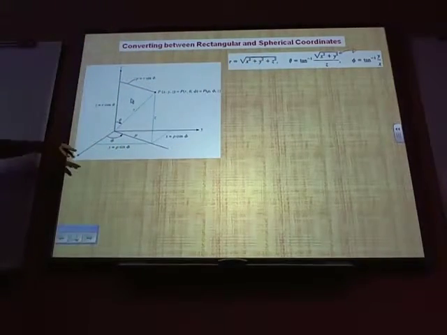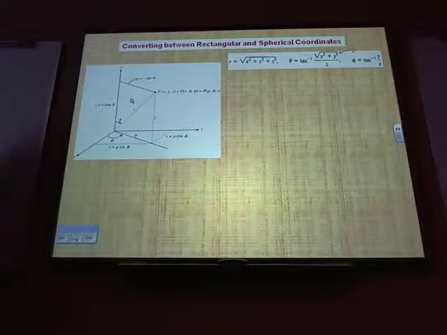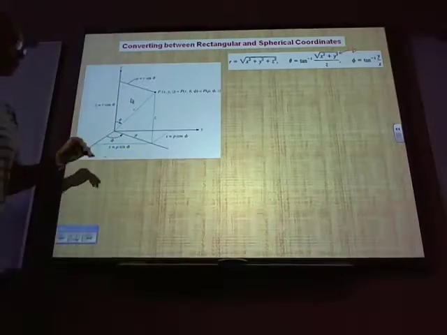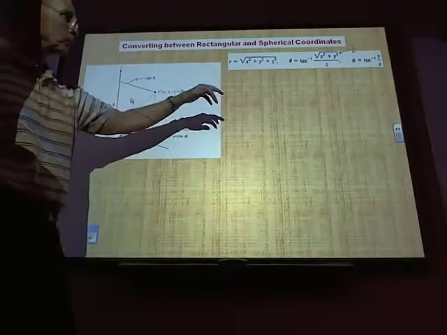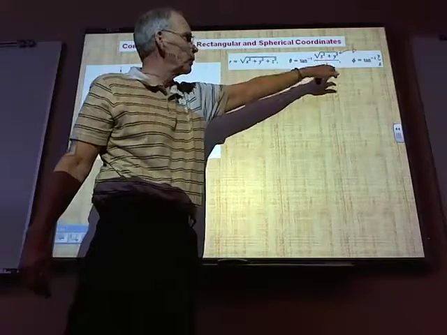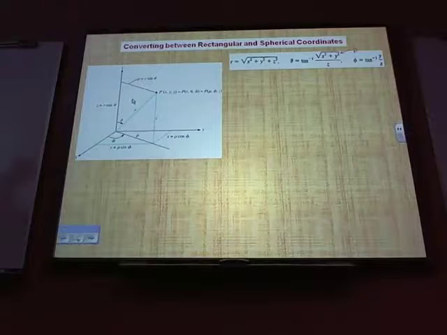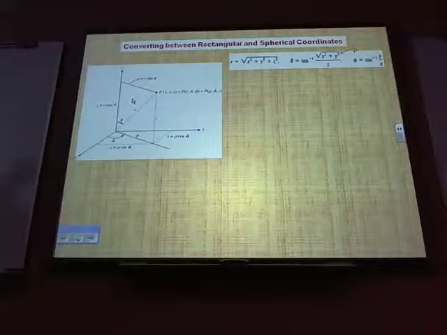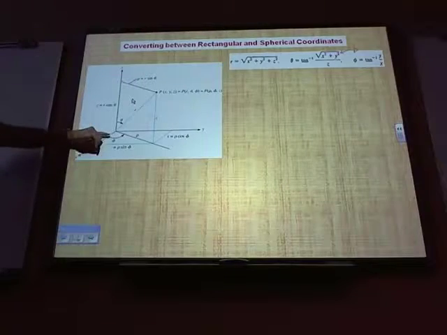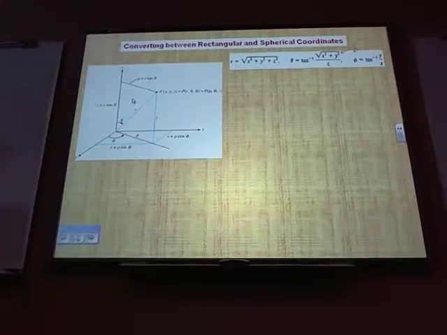Your theta, which is the angle off your z-axis, coming down here, is the inverse tangent of rho over z, where rho is the square root of x squared plus y squared. And then phi is the other angle down here, and that's just the inverse tangent of y over x. Phi does not change between cylindrical and spherical coordinates.